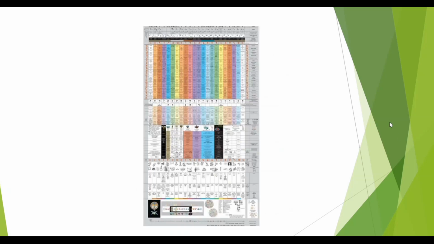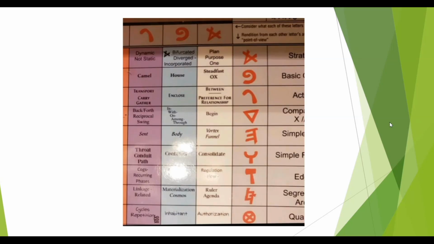This chart is available on Eric Bissell's website, and it's a great resource. It gives you each letter as defined by the perspective of every other letter. So here I have the Aleph, and defined by the Aleph perspective, we could say it is plan, purpose, one. We could use architect, prototype, and there's so many words that Aleph could mean.